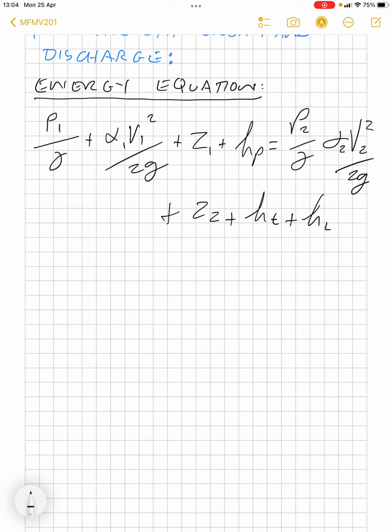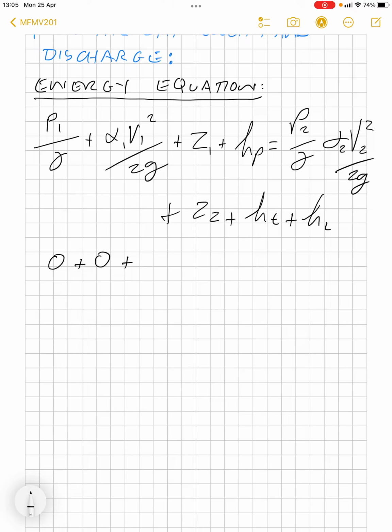So let's analyze these terms. The pressure at those 2 points, at the water surface level and at the exit of the pipe, is atmospheric, so we can cancel out both pressure terms because there's no difference in the pressure at those 2 points. So let's put a 0 there. The velocity of the water at the surface is 0 because it's moving down very slowly, so we can assume that in comparison to the exit, that velocity is pretty much 0.